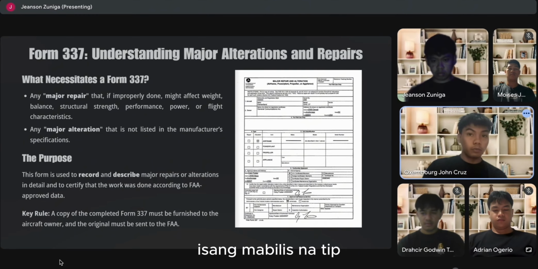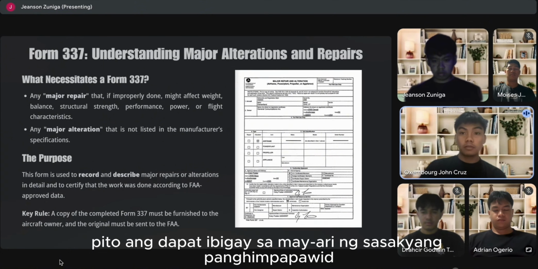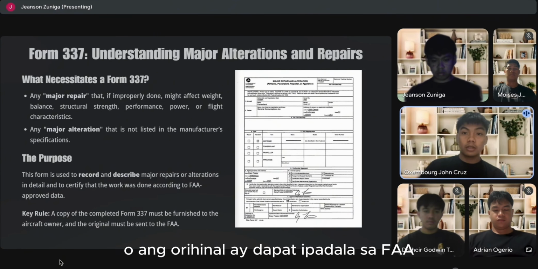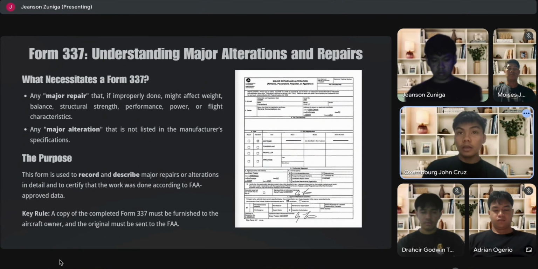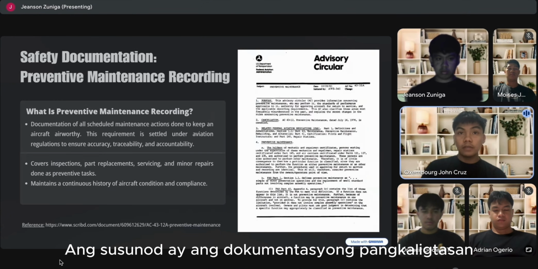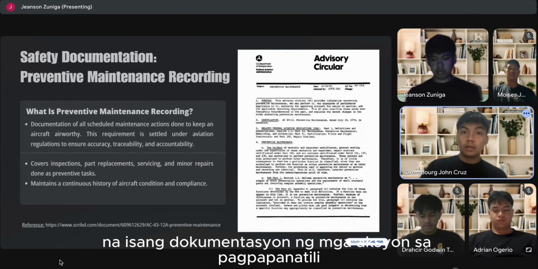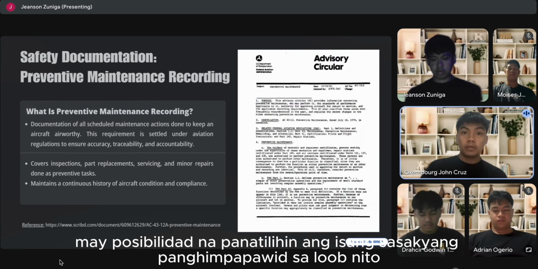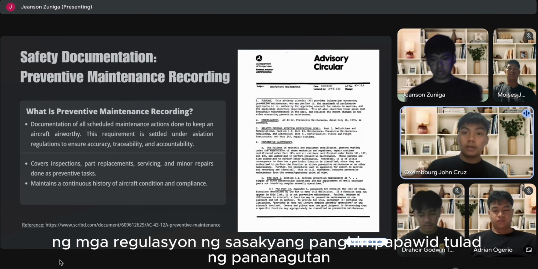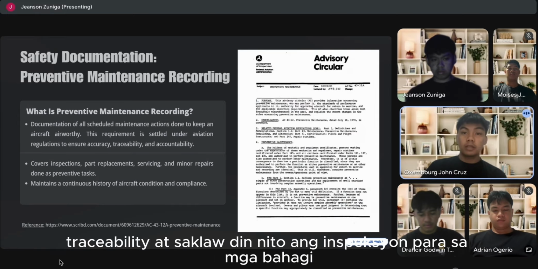Just a quick tip or key rule: the Form 337 must be furnished to the aircraft owner, and the original must be sent to the FAA. Next is the safety documentation, preventive maintenance recording, which is documentation of maintenance actions done to keep the airworthiness of the aircraft, covering regulations such as accountability and traceability.